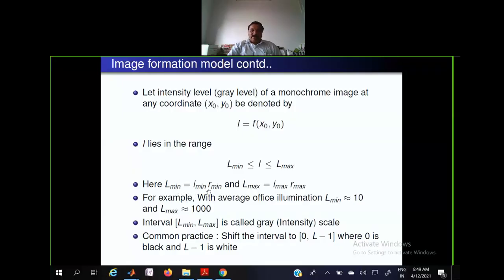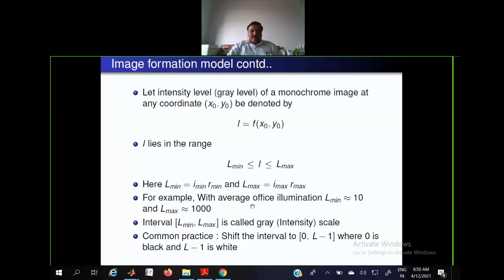And this minimum value I'll get when the illumination is minimum and the reflectance is minimum. Maximum value it is when the illumination is maximum and the reflectance is maximum. In a commercial office, illumination I minimum and I maximum will be same. You know that because once I fix the light intensity, let's just assume that it is constant. The only change will be depending on the scene. It could be reflected less or more.